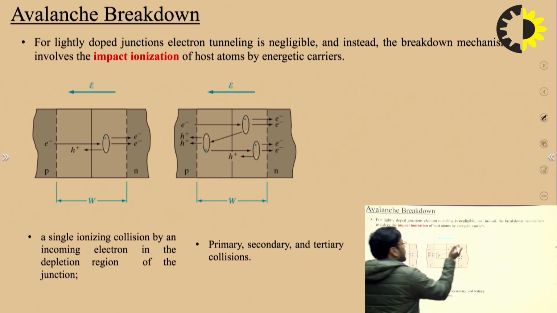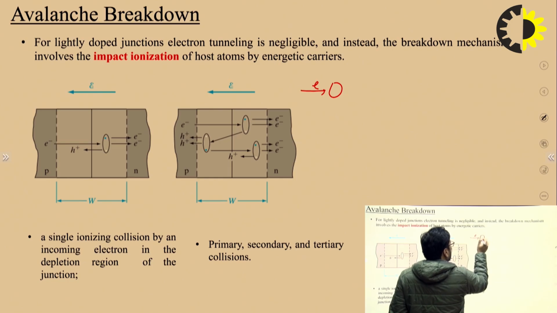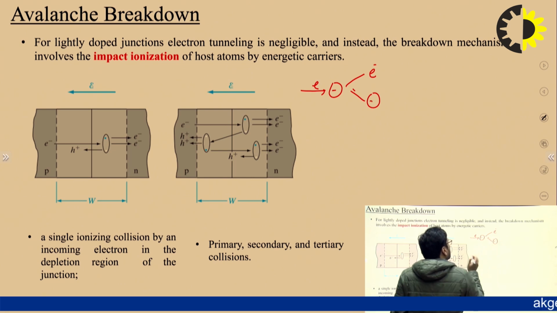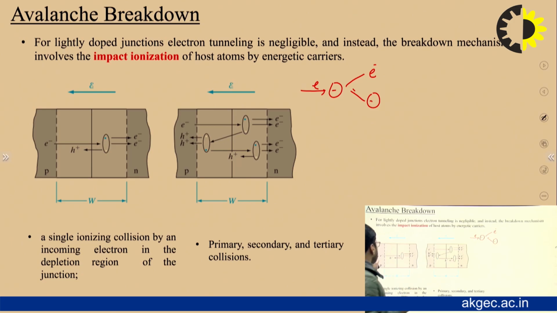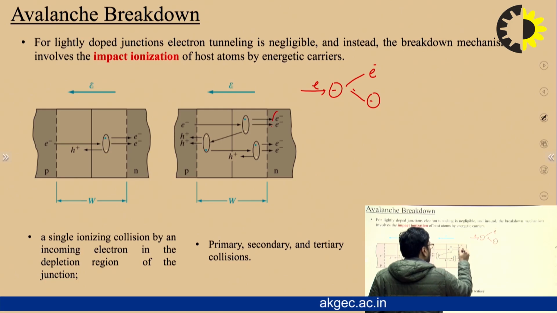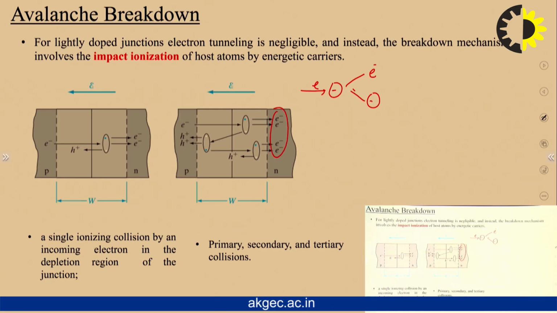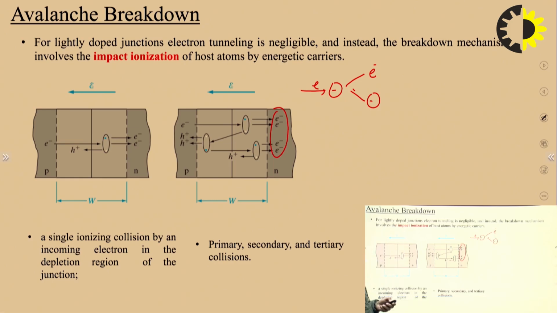So one electron can generate multiple electrons at the n side. This phenomenon is known as carrier multiplication, and due to the multiplication of carriers we have an increase in current as well, due to which the breakdown happens in the case of reverse bias.